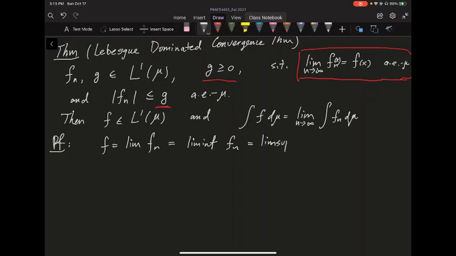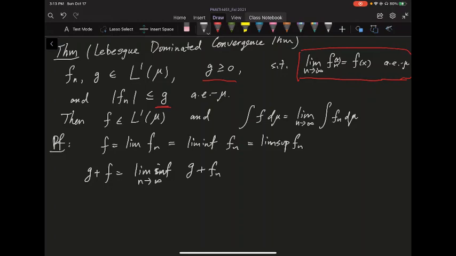Because f equals the limit of Fn, and g is also integrable, I can say g plus f is the lim inf of g plus Fn. Fn converges to f, and g is just added, it doesn't matter.